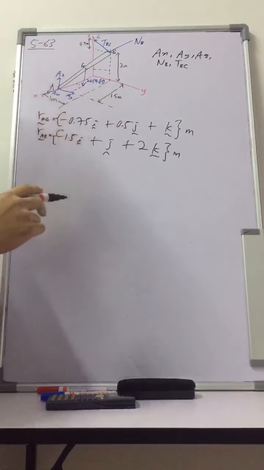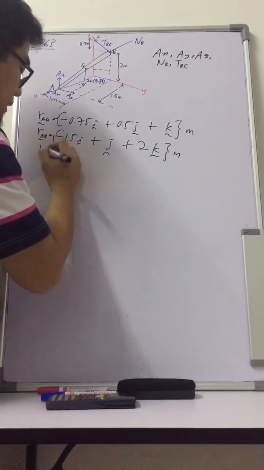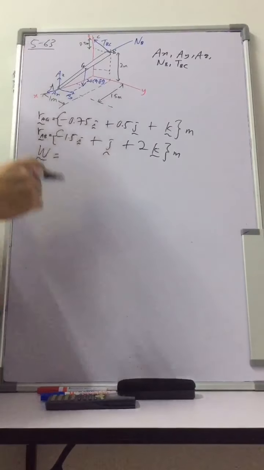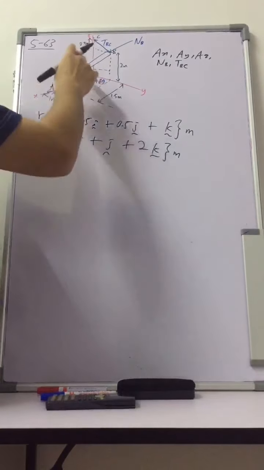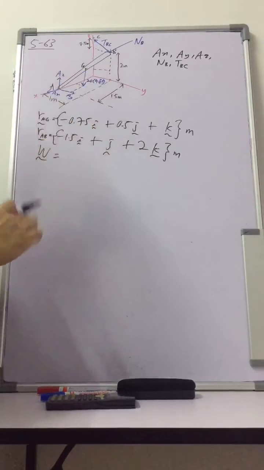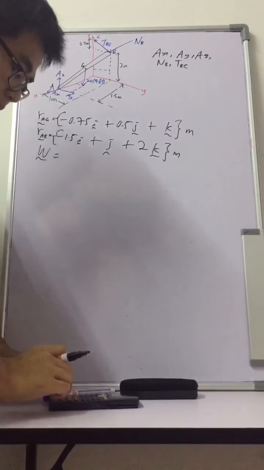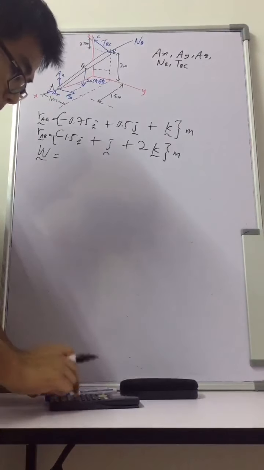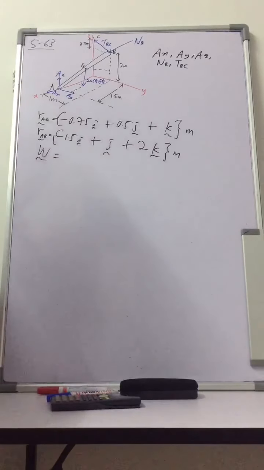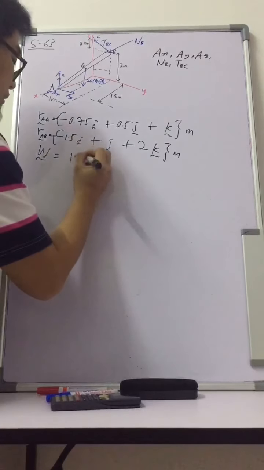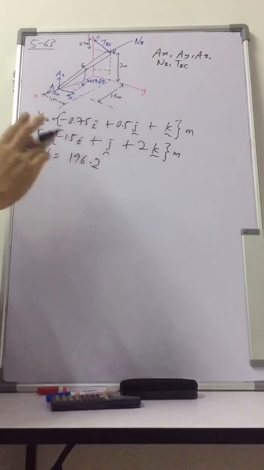W. Remember in quiz 1 that most of you actually didn't consider this? The weight here, though we know the direction is going downwards, the weight is 20 times 9.81. If you hit the calculator, you get 169.2 Newton, that's fine.